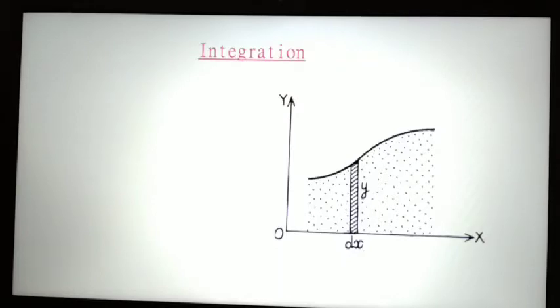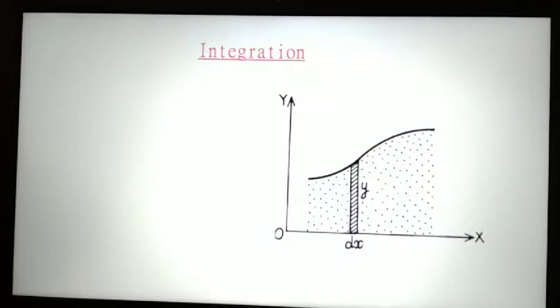So when you consider dx as small as possible, with the height y as the y component, you can easily calculate the area of that small strip, that is y into dx, which is equal to f of x into dx, since y is equal to f of x. So the area of a single strip will be f of x into dx.